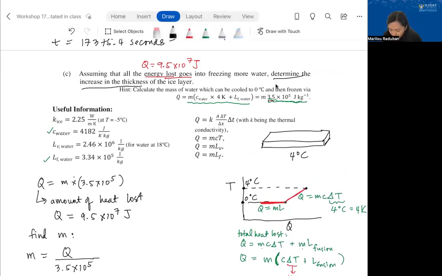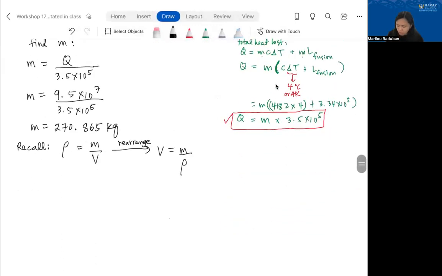It must be somewhere. Otherwise, we can just search it in Google. The density of ice is equal to 920 kilograms per cubic meter. Right.